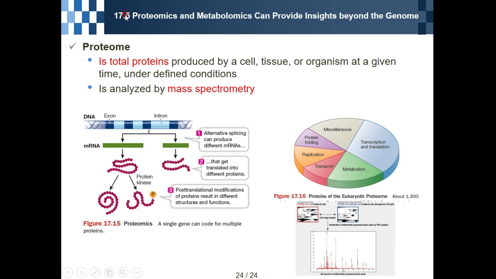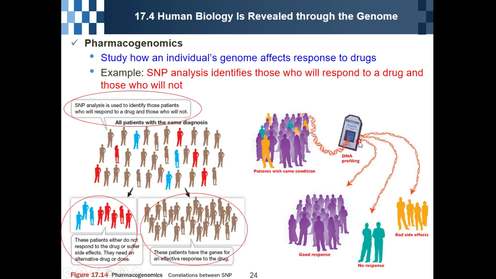Finally, we will cover the fifth subject, proteomics and metabolomics. But today, we will cover only proteomics. So proteomics can provide insight beyond the genome. So what is the proteome? For example, in this DNA profiling, they check the SNP, single nucleotide polymorphism.